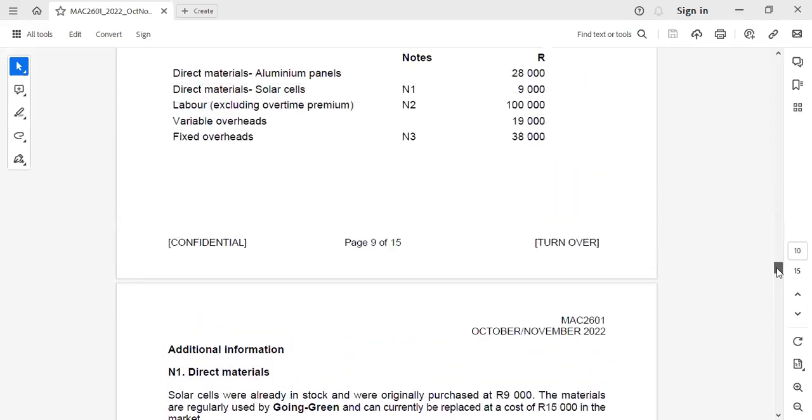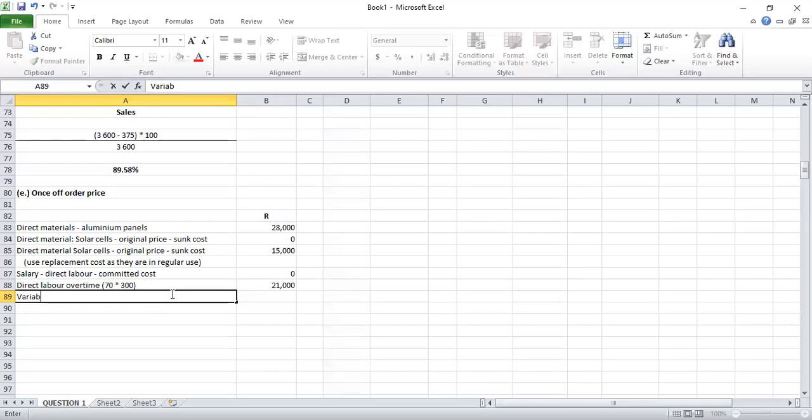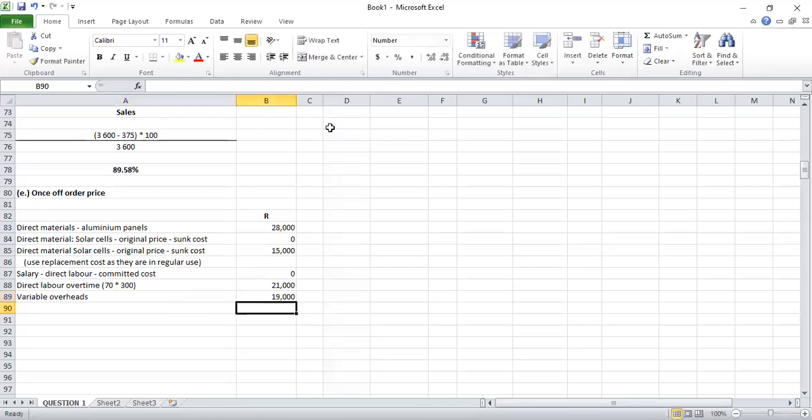Then we've got fixed variable overheads. They didn't say anything, so we'll just include them. Variable overheads, 19,000. So variable costs, if nothing is said, you just include them. But fixed costs, normally we don't include them unless we're told that they are specific to the order.